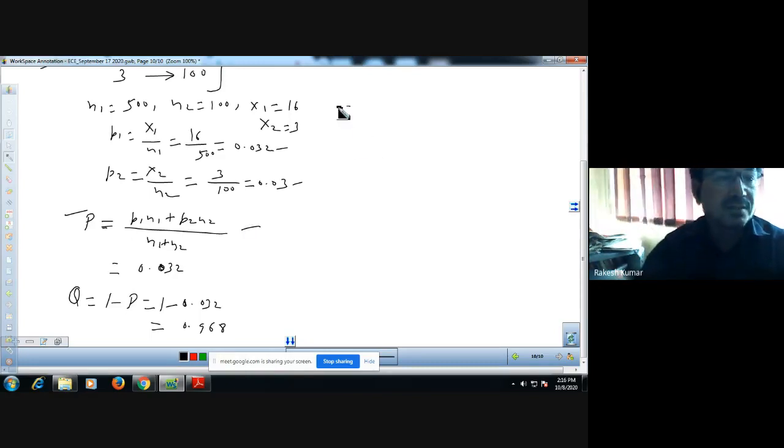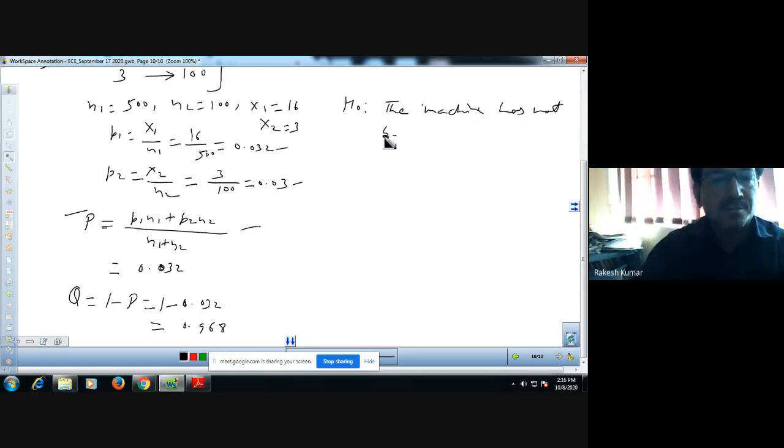Now, let us come to the null hypothesis. We will suppose that the machine has not been improved, that is, the machine which is producing the items has not been improved due to overhauling.